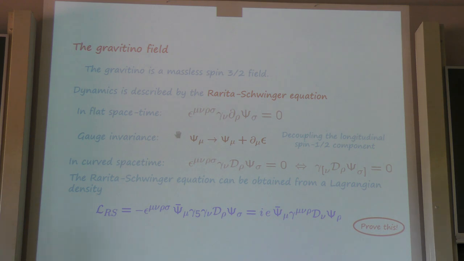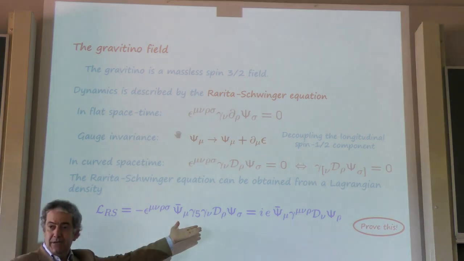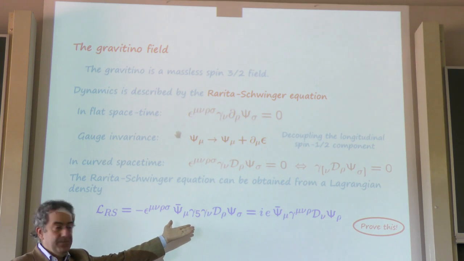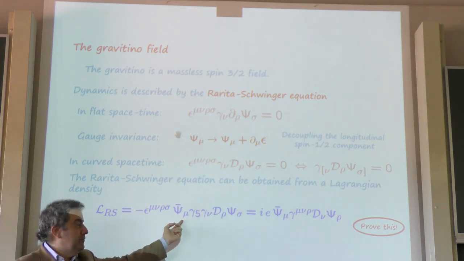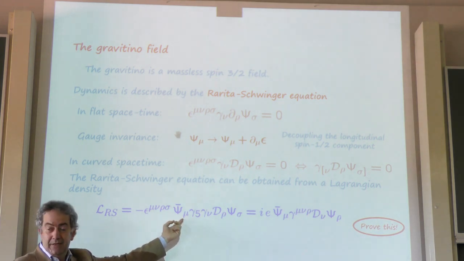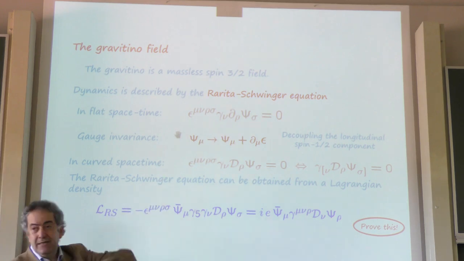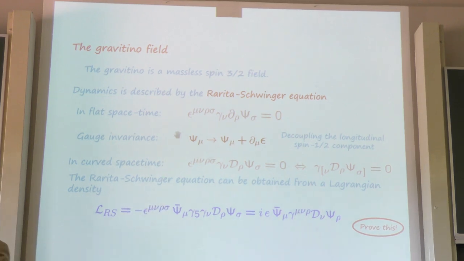Now, before proceeding in this direction, it is convenient to write down an action density for the gravitino field. You can easily verify, prove this, that starting from this Lagrangian density and varying with respect to the gravitino field, you end up with this Rarita-Schwinger equation.